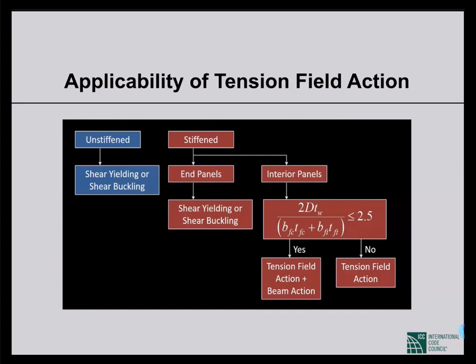Only in the interior panels we can consider tension field action, provided the slenderness ratio, there is a limiting factor, if that is within some limit. If the web is too thin compared to the flange, we cannot consider tension field action. So if this factor is satisfied, then we can consider the tension field action.